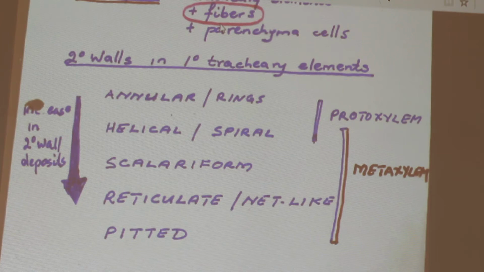The secondary thickening of the wall of tracheary elements is not haphazard. It doesn't just happen any odd how. The way the secondary wall is laid down gives us a variety of patterns.